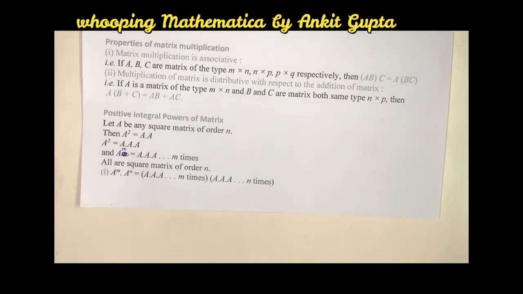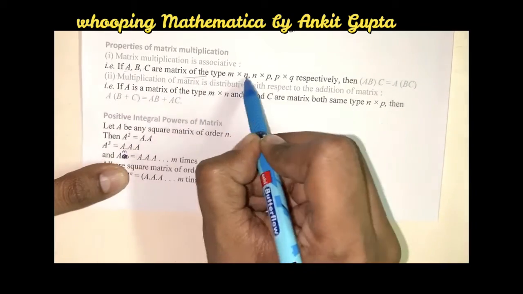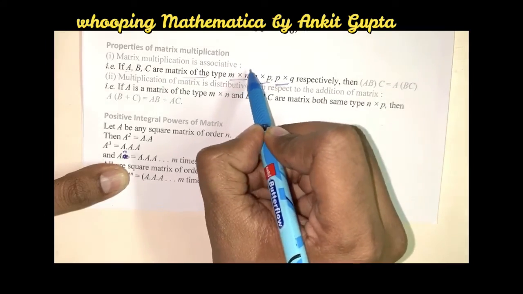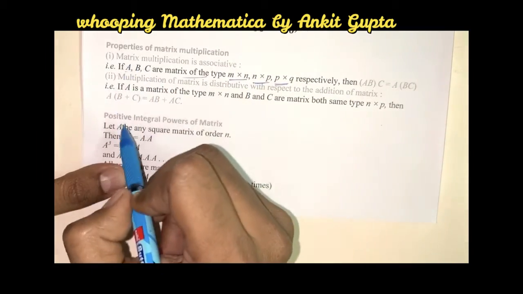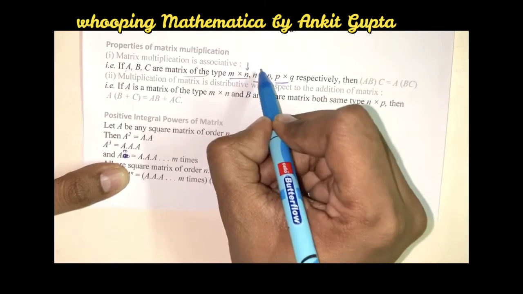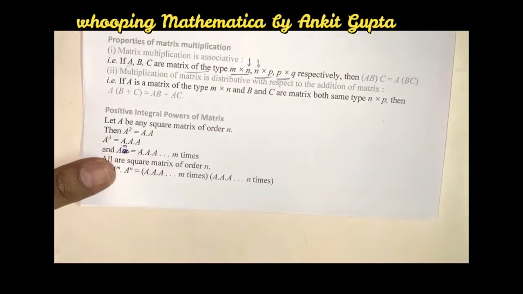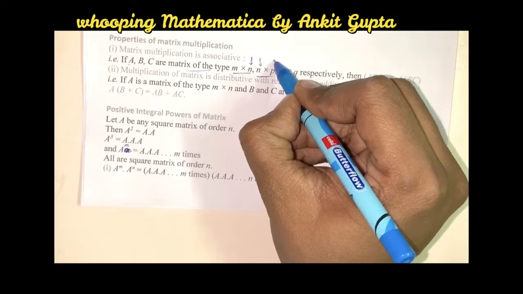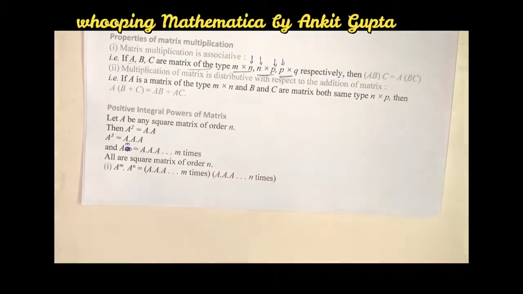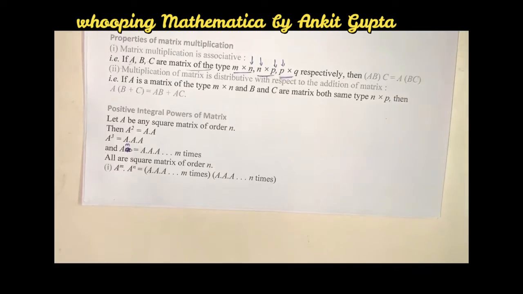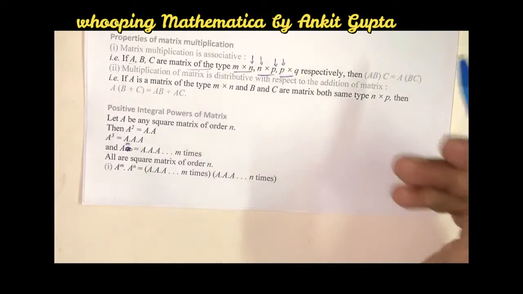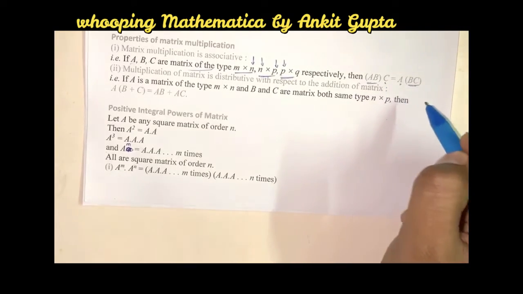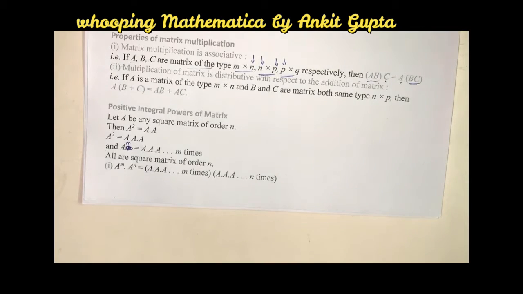First, if A, B, C are matrices of order m cross n, n cross p and p cross q, then for the product of A and B, the number of columns in A is the same as the number of rows in B. Similarly, for the product of B and C, the number of columns in B is the same as the number of rows in C. So if this product is possible, then the product of AB with C and the product of A with BC will give us the same result, that is, they are associative in nature.